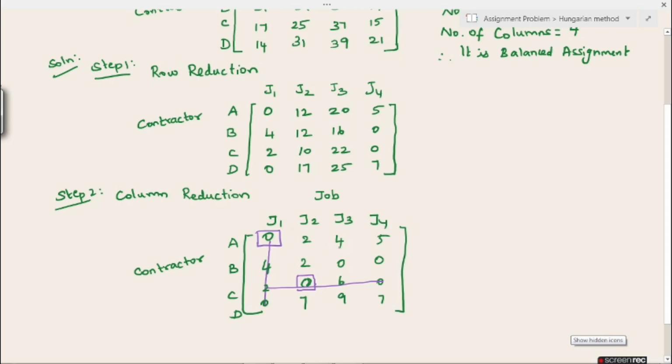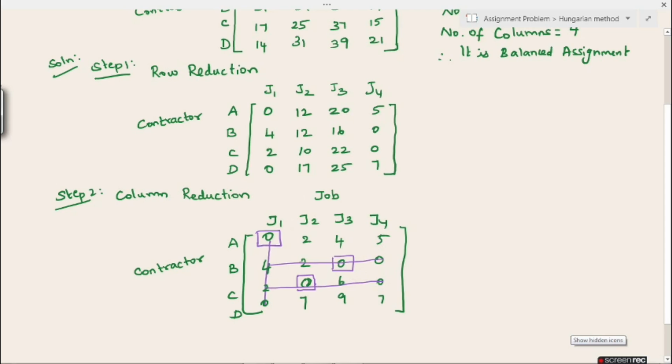Next move on to the third column. In the third column we have only one 0. So I am assigning this 0. If I assign this 0, that corresponding row will get cancelled. Next move on to the last column. In that column we don't have a 0 because these two zeros are already cancelled.